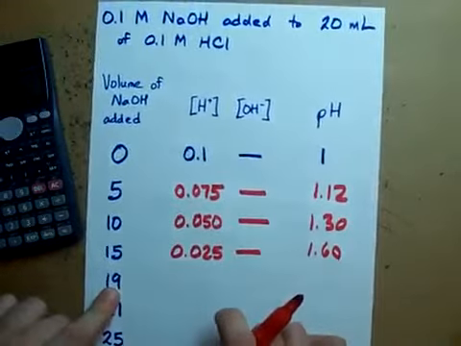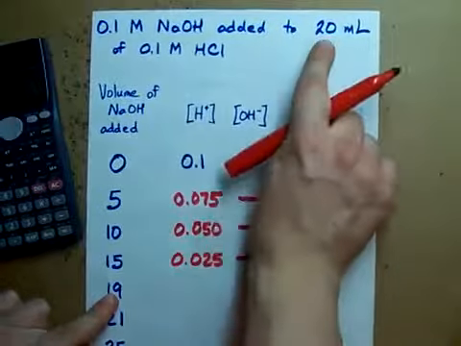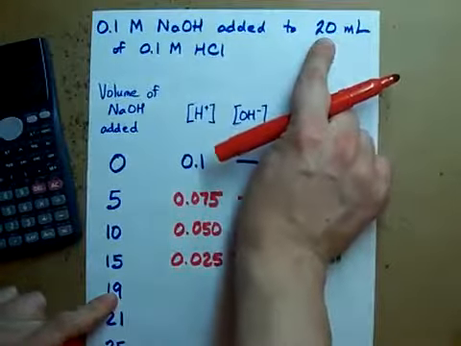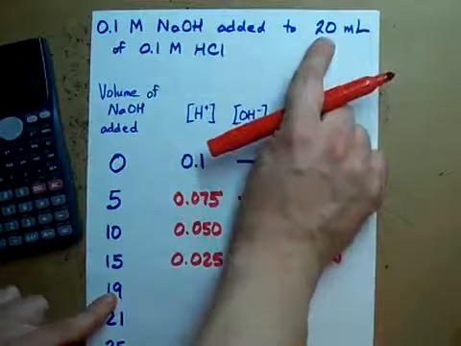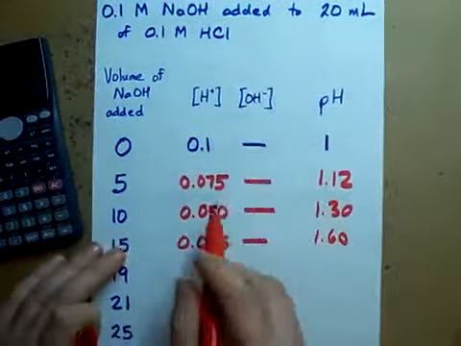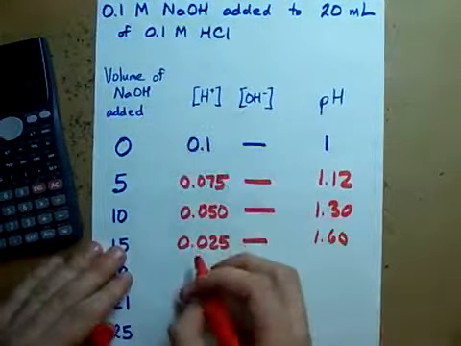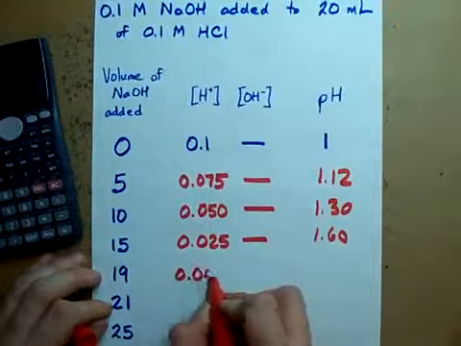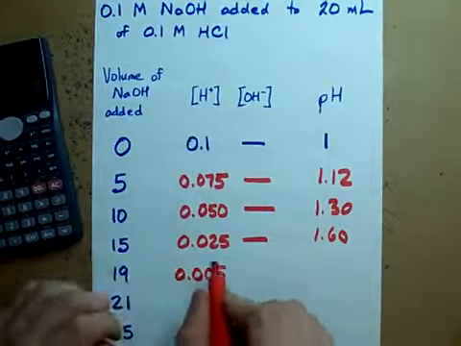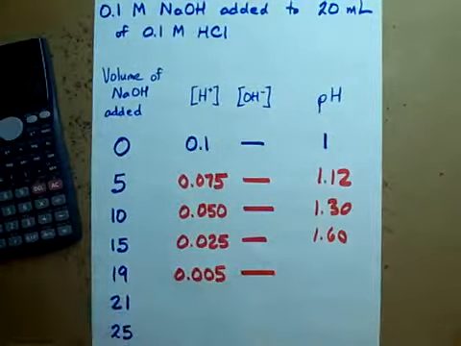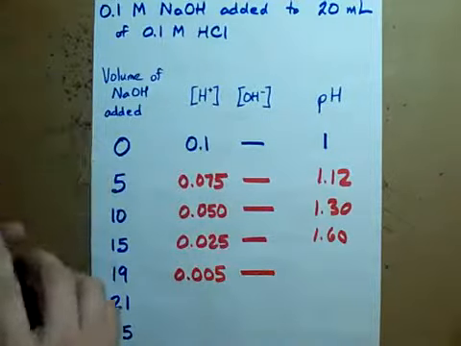Once we've added 19 milliliters, I've titrated away 95% of my acid. I only have 5% of my acid remaining, 0.005. Still pretty high, and I don't really have any OH left.